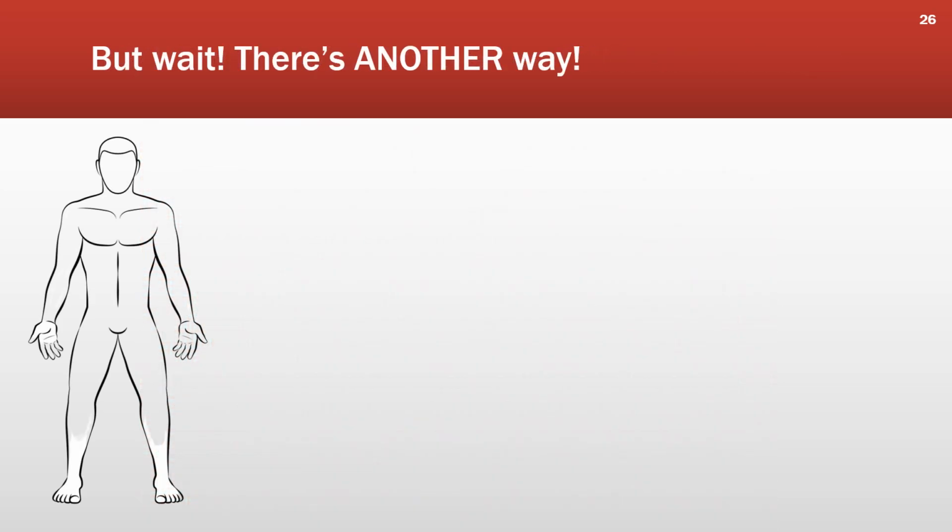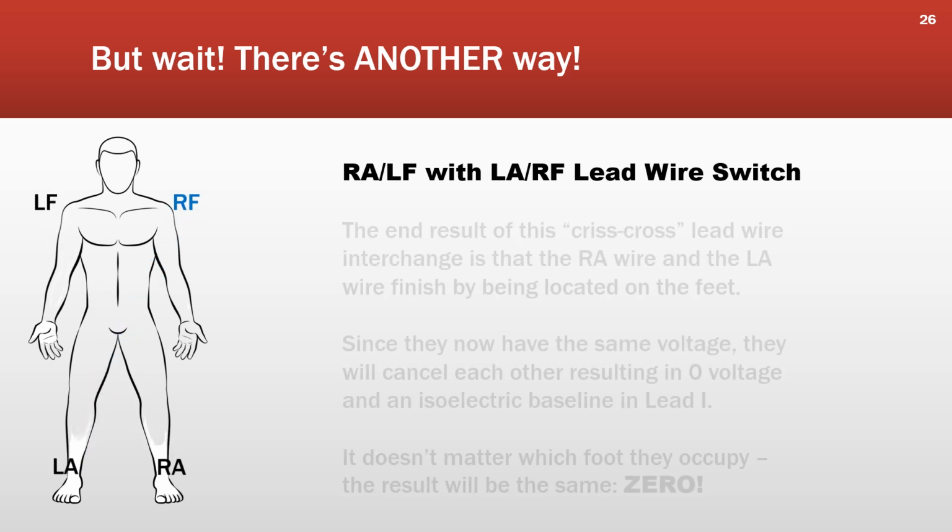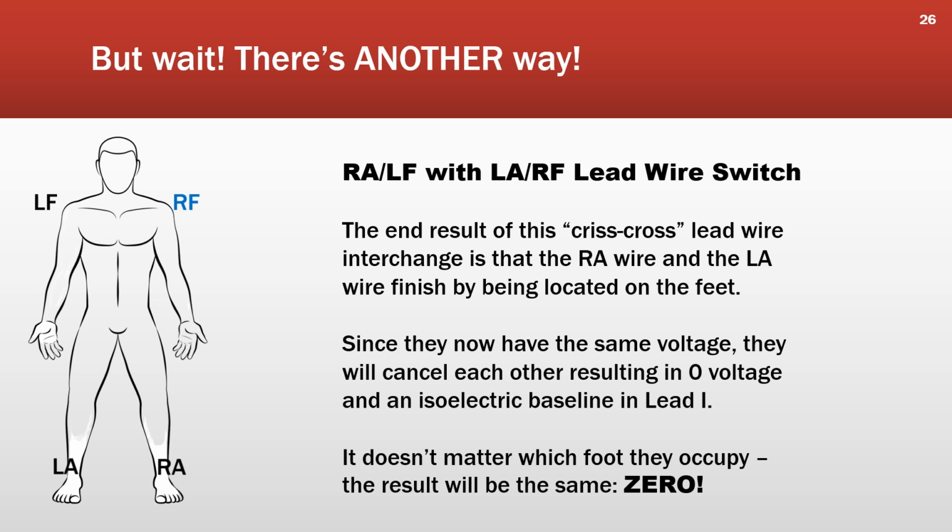But wait, there's more. There's actually another way to get the isoelectric baseline in lead 1. So we're going to have a right arm left foot interchange along with a left arm right foot lead wire switch. So here we go. The end result of this crisscross lead wire interchange is that the right arm wire and the left arm wire finish by being located on the feet.